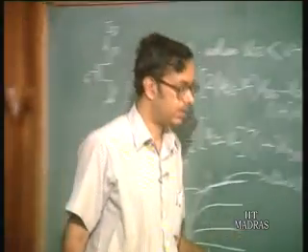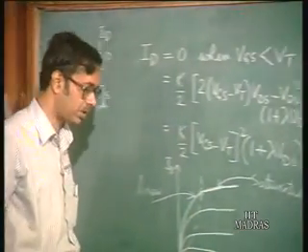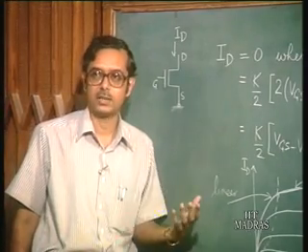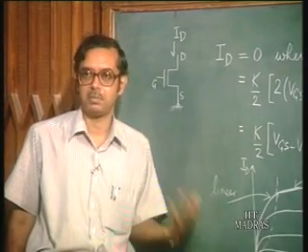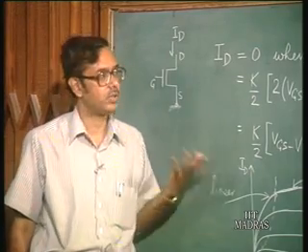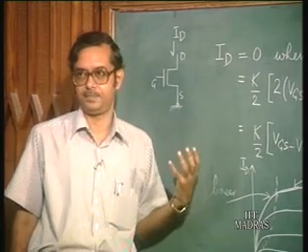Now, when we take up the MOS digital circuits, we shall have to start with the inverter, which is the basic building block of any digital circuit. So, how do you make a MOS inverter?